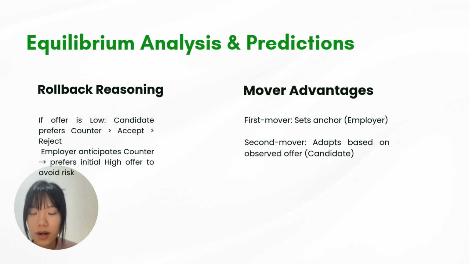Therefore, to avoid the prolonged negotiation or the risk of losing the candidate, the employer's best strategy is to offer a high salary initially. This leads to the equilibrium outcome. A high offer results in acceptance. This process also highlights two types of advantages: the first mover's anchoring power and the second mover's informational advantages.